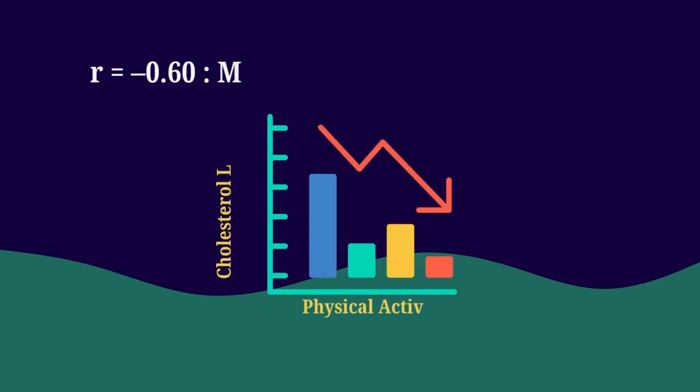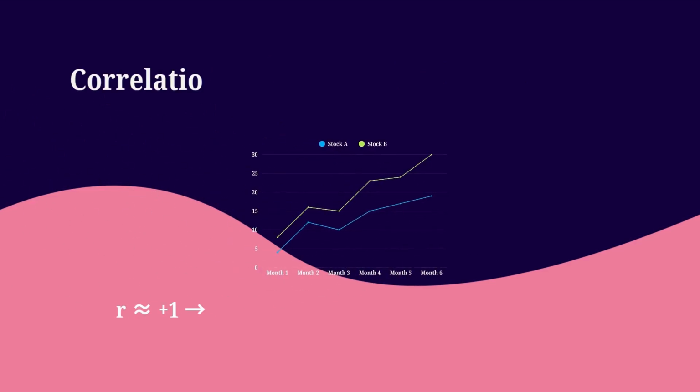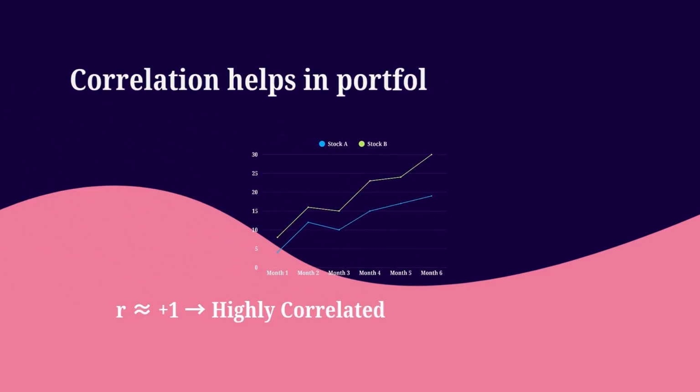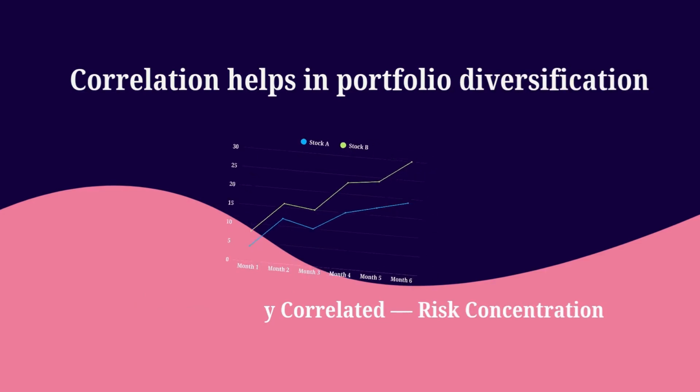Now two quick examples. In healthcare, researchers study physical activity versus cholesterol and find r equals minus 0.60. That is a moderate negative correlation. As exercise increases, cholesterol tends to decrease. In finance, analysts measure correlation between two stocks. If r is close to plus 1, they move together, giving less diversification benefit.